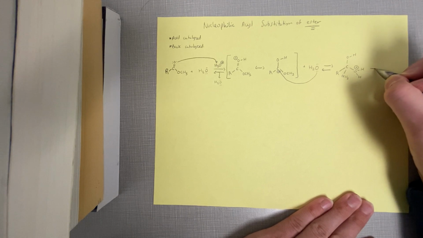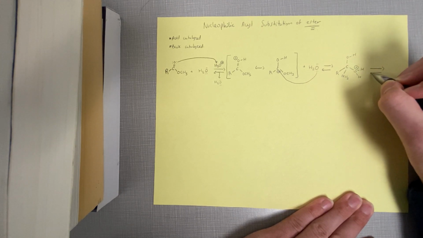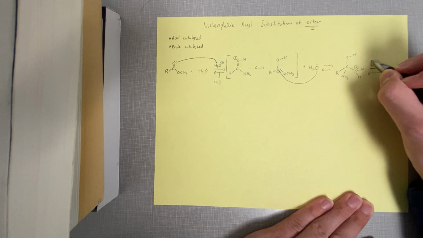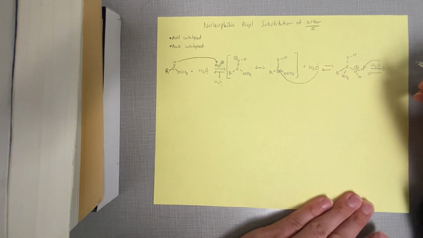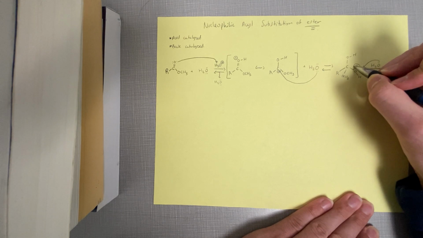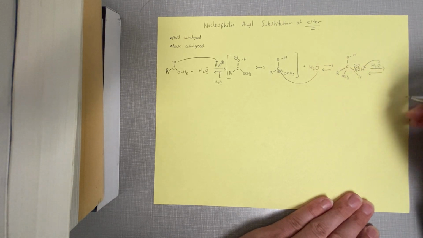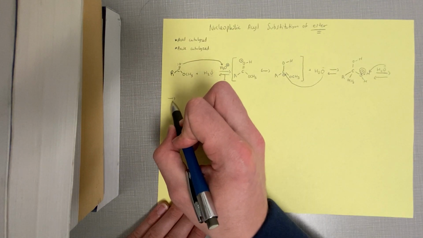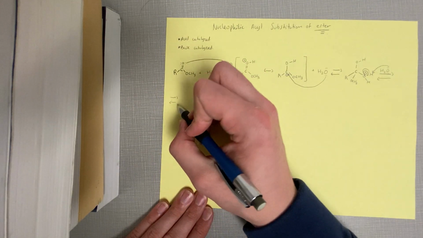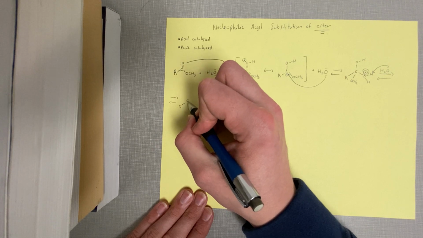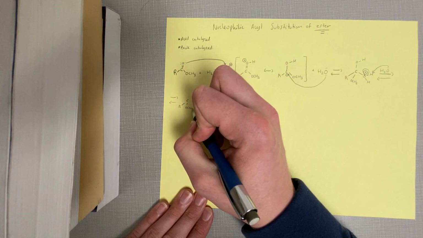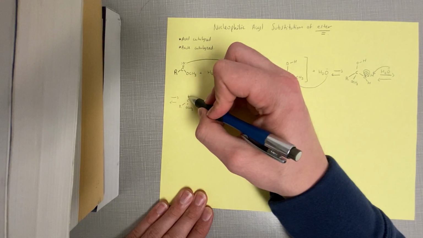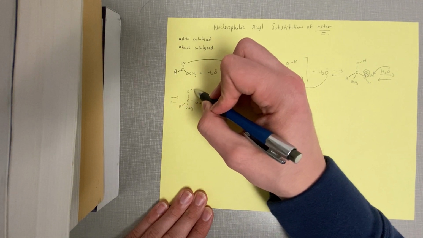So for this to happen, we will use a base. In this case, we'll use water. That will deprotonate and have this bond here roll back on the oxygen, giving, I'll start from under, this one its neutral charge, and OH.